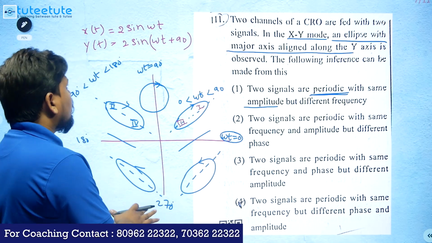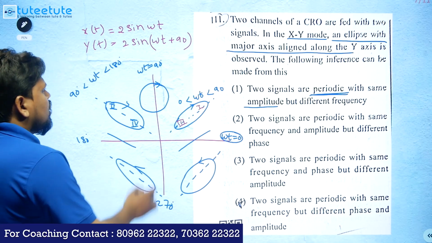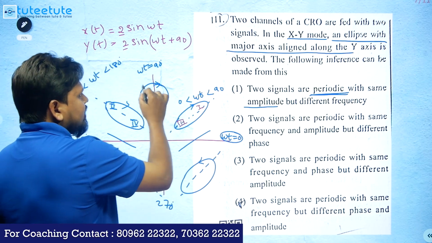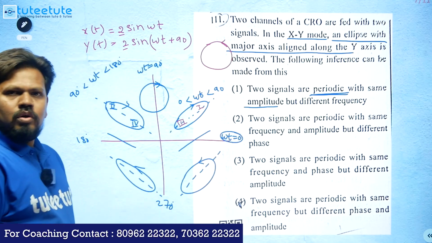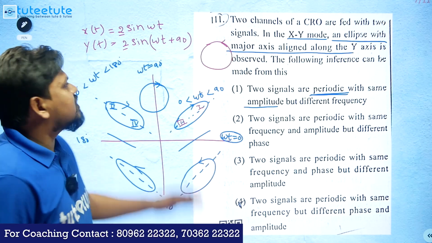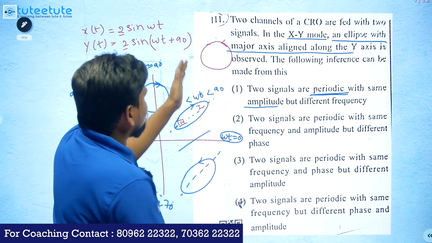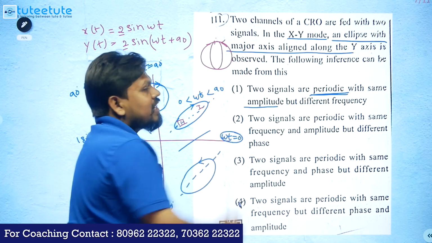I have already solved it, that's why I am directly giving the answer. If both have the same magnitude, we get a circle like this. If we don't have the same magnitude, for example this is 2 and this is 1, instead of a circle you will get an ellipse like this.